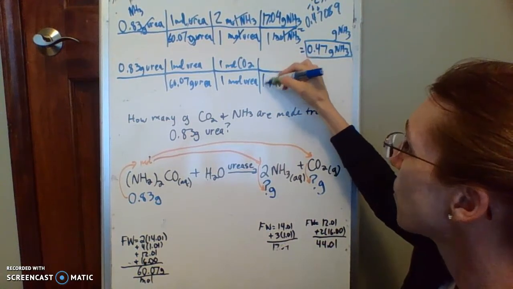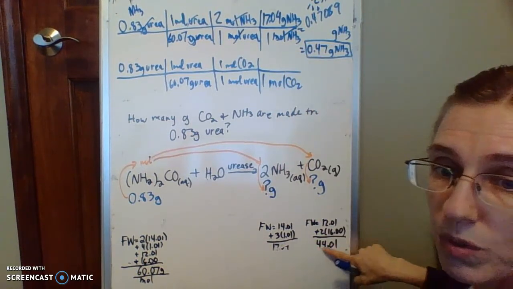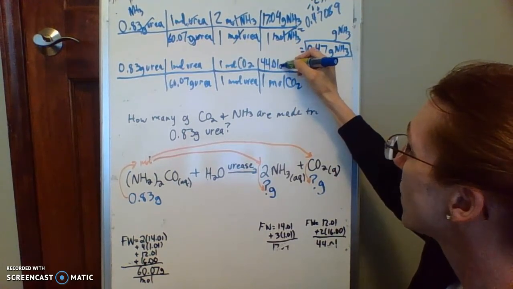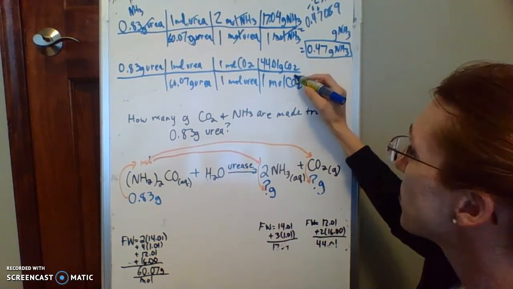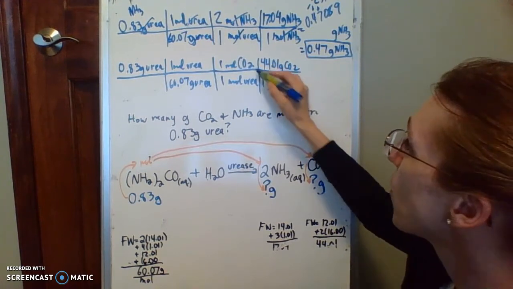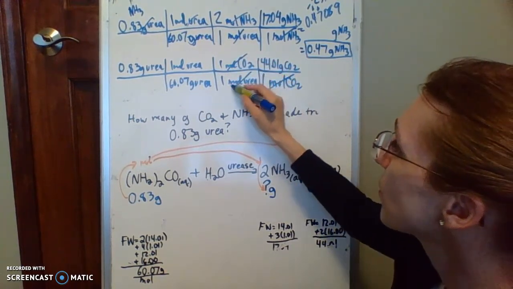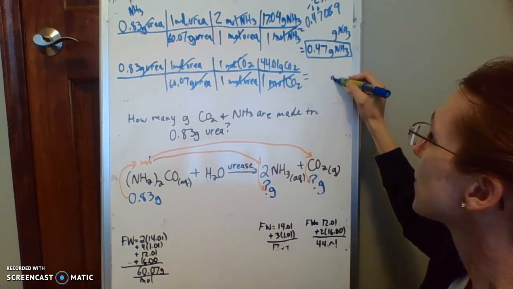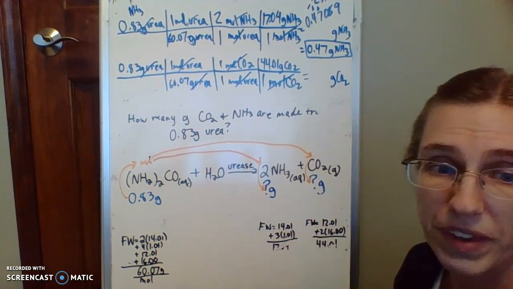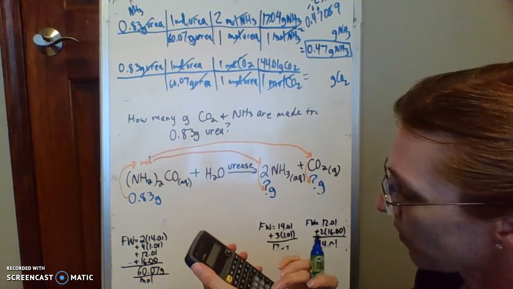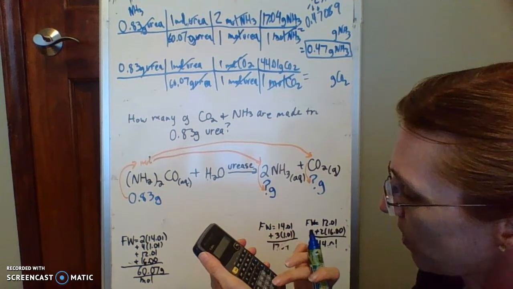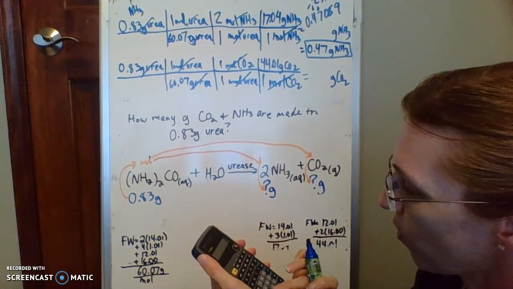So 1 mole of CO2, our molar mass we calculated was 44.01 grams of CO2. Make sure our units are canceling out. Moles CO2 cancel out, moles of urea cancel out, grams of urea cancel out. The only thing left are grams of CO2. We go ahead and do this problem. We've got 0.83 times 1 times 44.01.